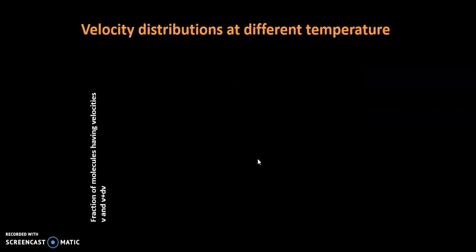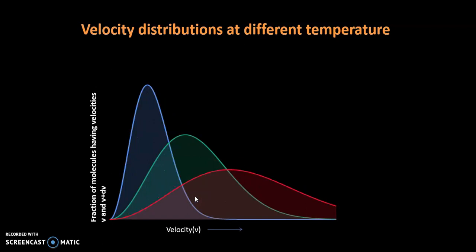If we plot the fraction of molecules having velocities within a narrow range v and v plus dv, where dv is an infinitesimally small increase in velocity from v, against velocity, we would obtain a slightly asymmetric curve known as Maxwell's velocity distribution curve.